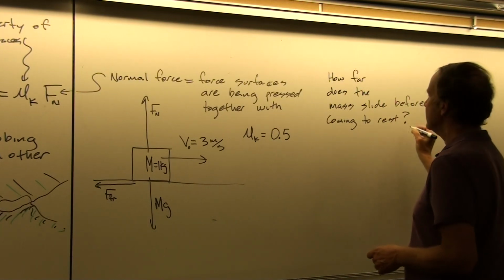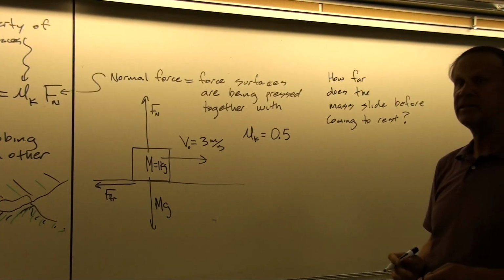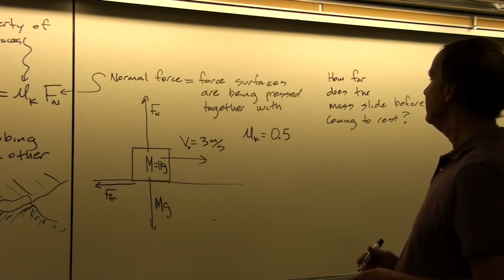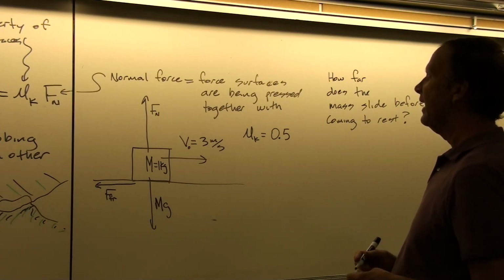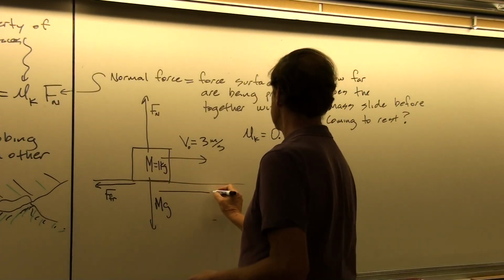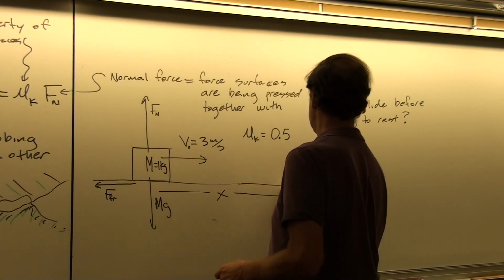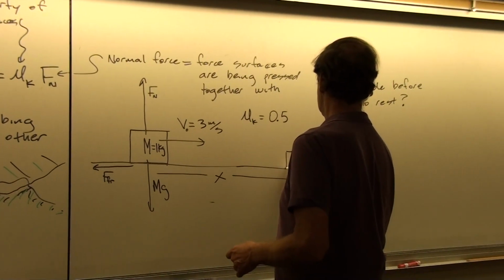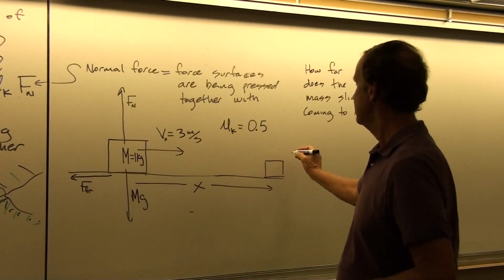All right, so we're actually going to dig back into our kinematics equations here, because first we'll calculate the acceleration, and then we have to go back and figure out what distance x is going to be associated with this thing, ending up with a final velocity of 0.